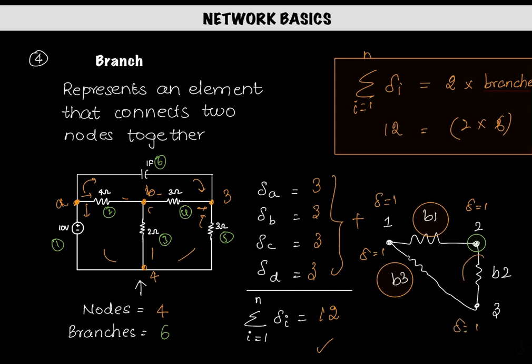And similarly, if I have a branch B2, it is going to contribute 1 delta here and 1 delta here. So essentially this node will have delta 2, and this node will have delta 2, and this node will have delta 2. So every branch contributes to 2 deltas in a circuit. That's why the total degree of a circuit is given by 2 times the number of branches.